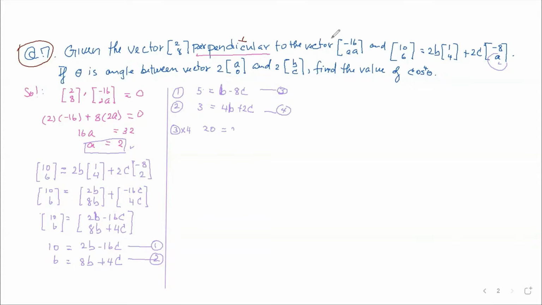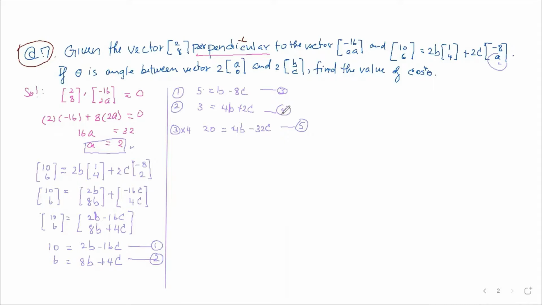This is b, maybe you can make it clear. 5, 2, and this one b, yes. This one b, and this one c. So this one becomes, every term times 4: 4 times 5 is 20, 4 times b becomes 4b, and minus 4 times 8, 32c. Okay, so this is equation 5.